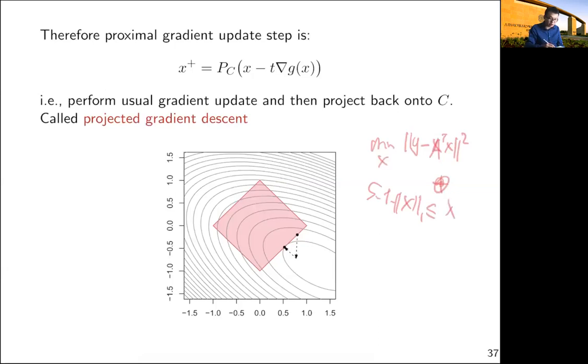This is the constraint set, and the contours are the equipotential contours of this quadratic function. Suppose you are here, moving in the gradient direction that's perpendicular to this equipotential line. You move a little bit, and that moves you outside the feasible region. What projected gradient descent would do is project it back to the closest point within the convex set.